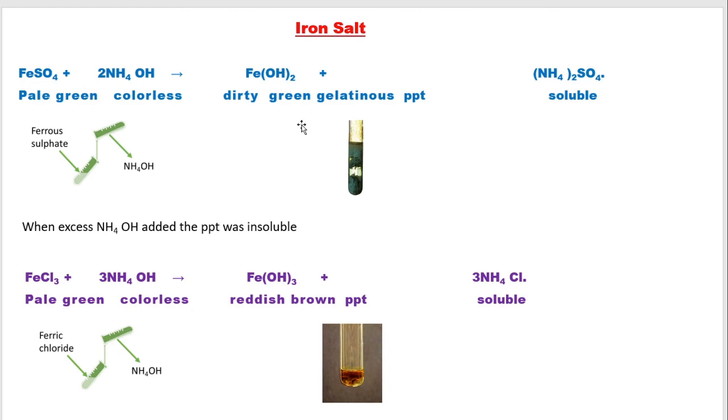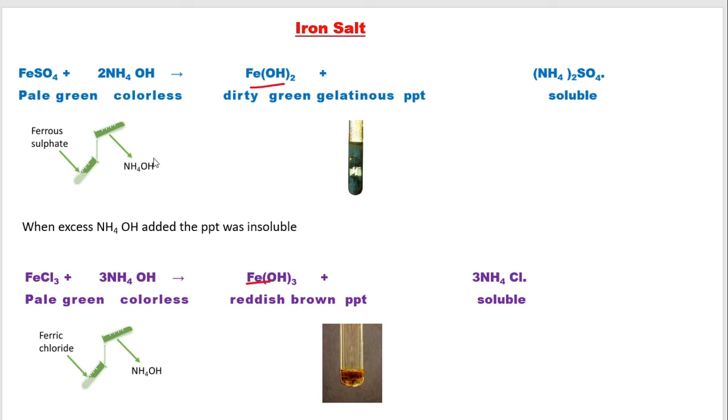The next salt will be the iron salts, which means both the variable valency, that is Fe2+ and Fe3+. The reaction is similar to when you are reacting with sodium hydroxide, because when you are reacting any alkali or base with iron salt, it will get converted to hydroxide only. So the formation of ferrous hydroxide and ferric hydroxide, and their color will help us to identify the iron salts.